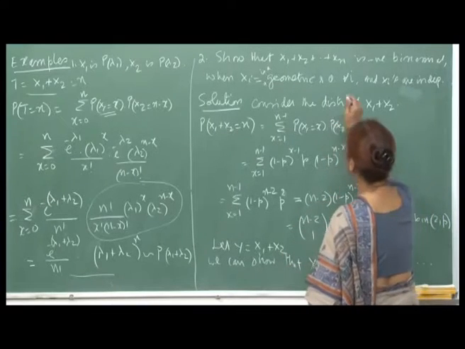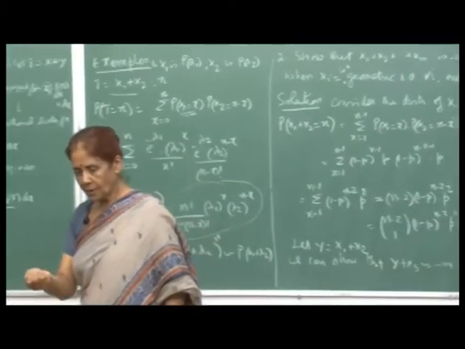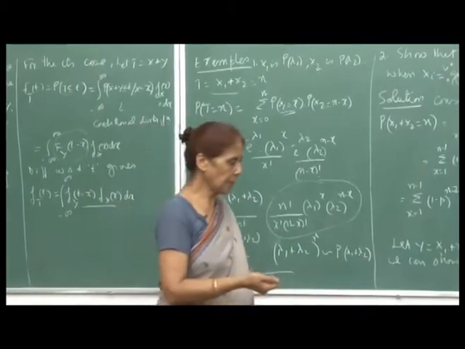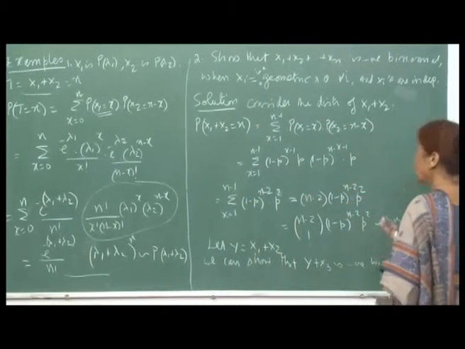When you describe a geometric random variable, you just need to know the probability of success, and then you want to find the probability that you will get a success in n trials.